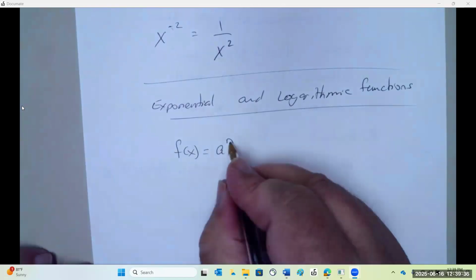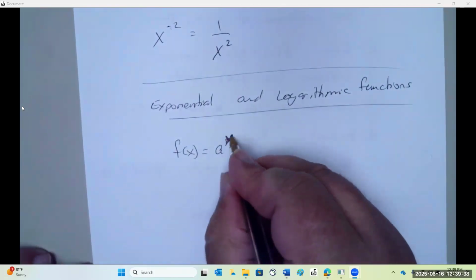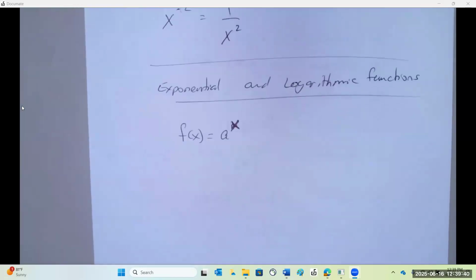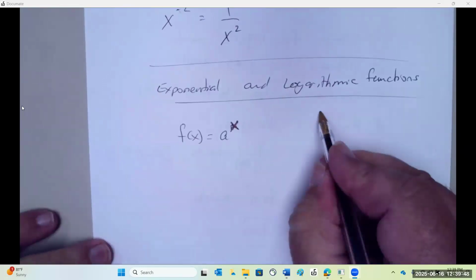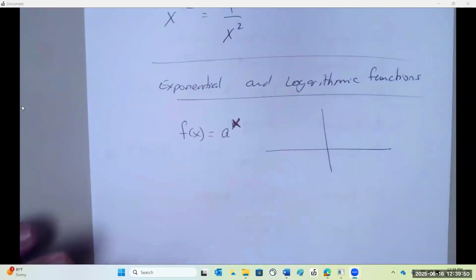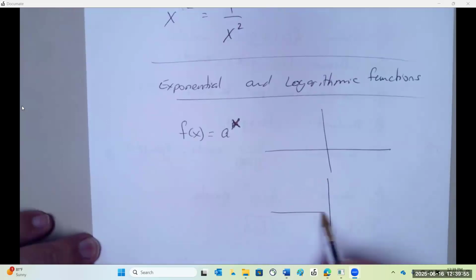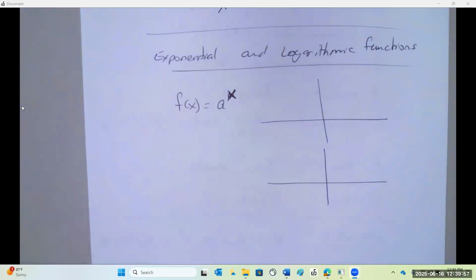An exponential function is where the variable is the exponent. What does that graph look like? Actually, there are two of them, depending on what our base is.